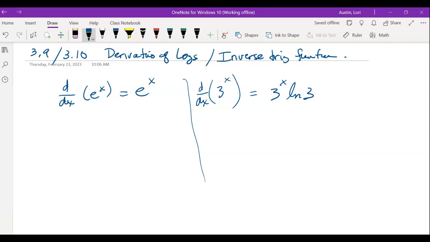So in general form, d dx of any base, where b represents any base whatsoever, to an x power, equals that base to the x power times ln of the base itself. E to the x happens to be a special case. E to the x follows this derivative.